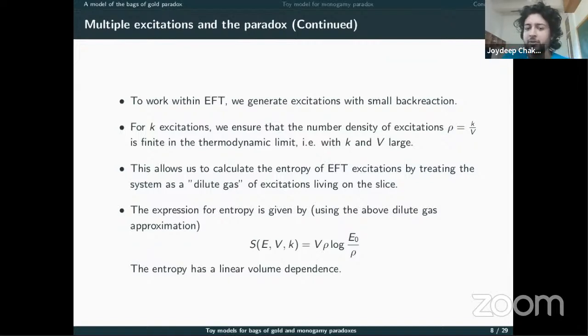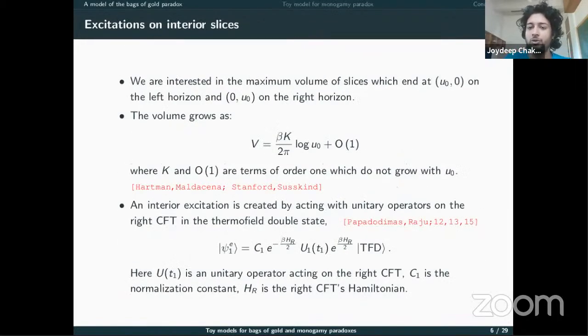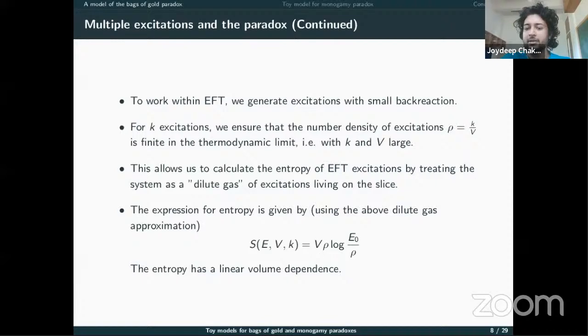The entropy is proportional to the volume, which we have calculated using the standard microcanonical ensemble trick. And we know that this volume grows proportional to log of u0. So this entropy grows proportional to log of u0 as we go to later and later times. And this gives rise to the paradox.